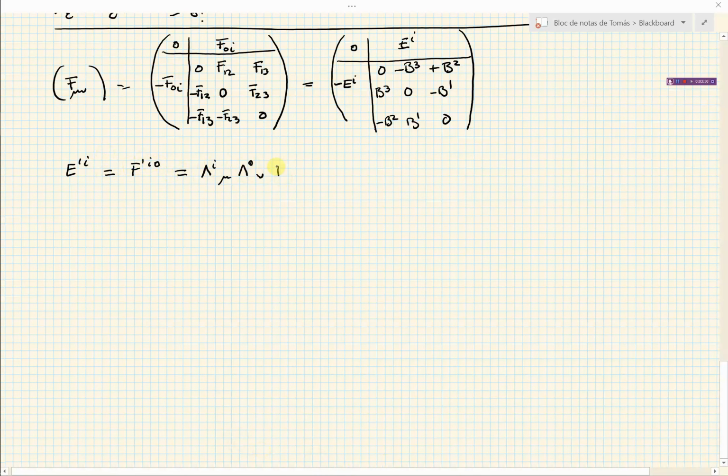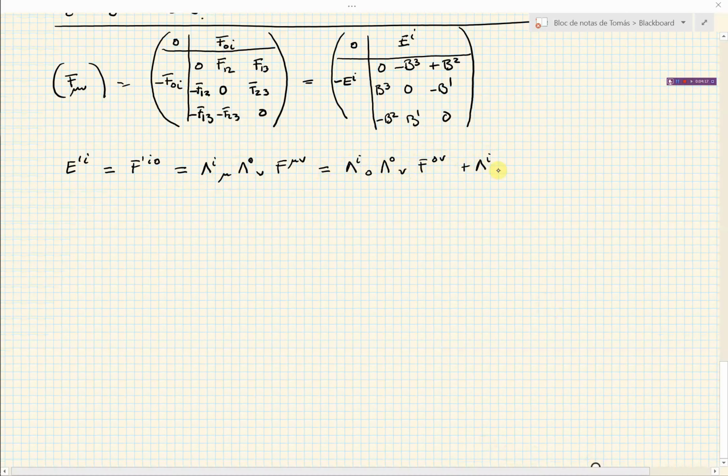Now we have to decompose these indices mu and nu into zeros and i's, j's, k's, etc. So let me start first with the index mu only. We have lambda i 0, and I still keep this lambda 0 nu, F 0 nu, plus lambda i j, lambda 0 nu, F j nu.